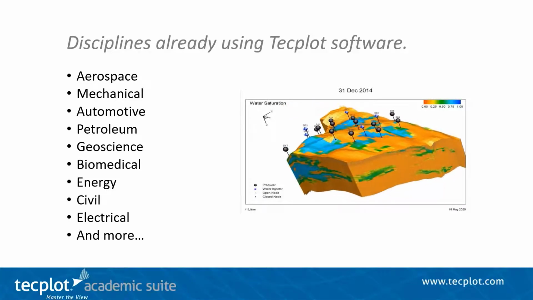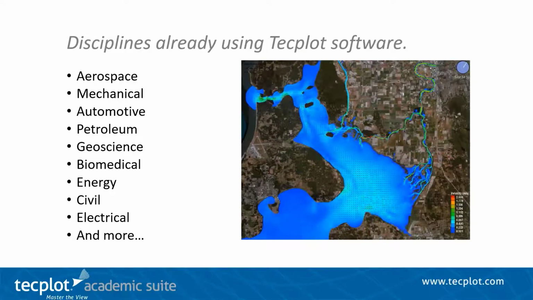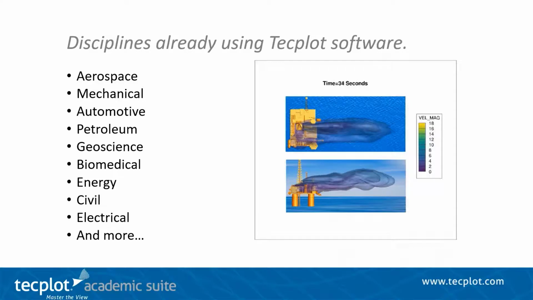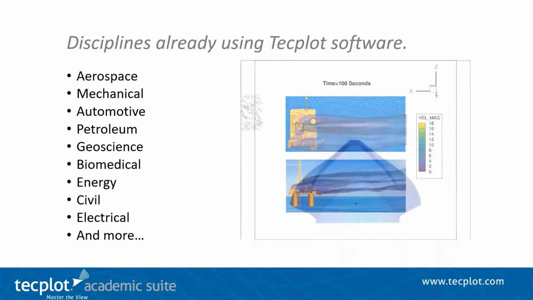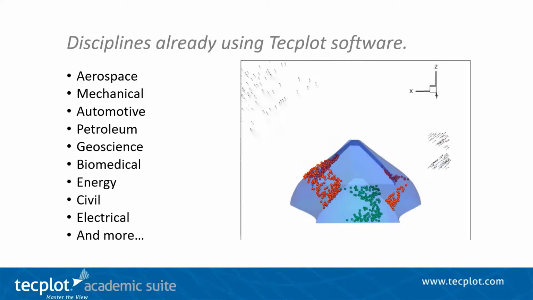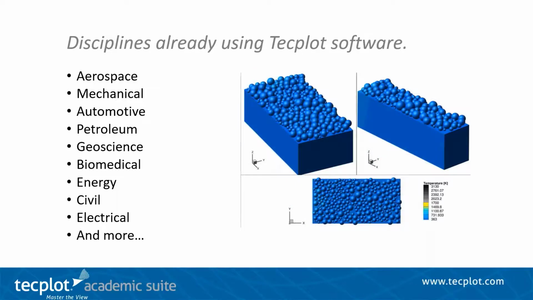We also have users in geoscience involving oceanography, groundwater modeling, river morphology, and water quality modeling. Users in biomedical use our tools to assist in pharmacology, physiology, virology, and the designing of safer prosthetic heart valves. Engineers in energy industries use our software for oil and gas, geothermal, hydroelectric, or nuclear reactor simulation.